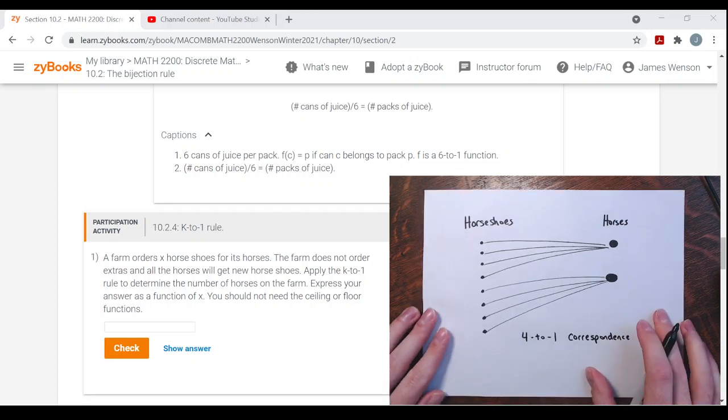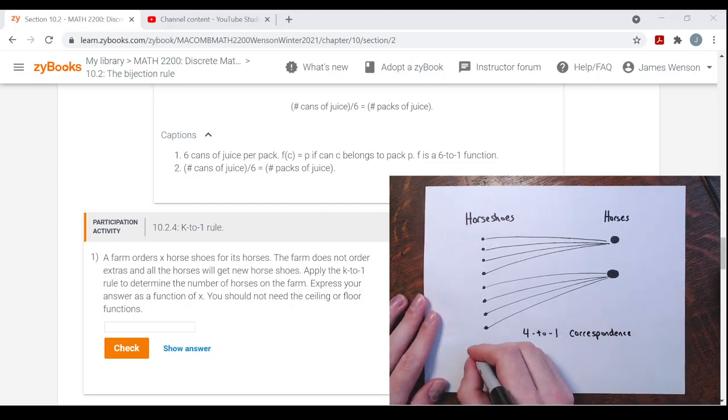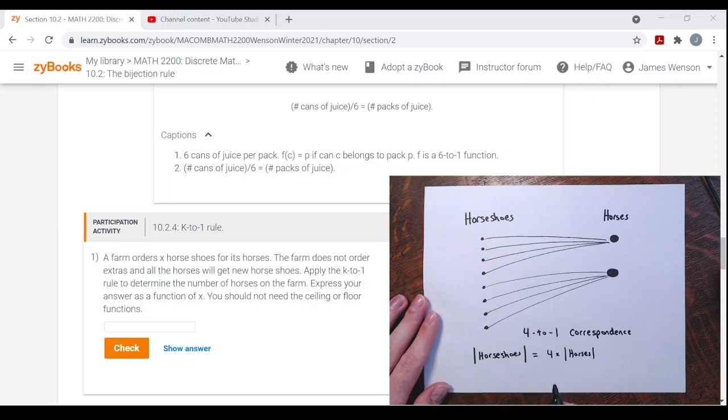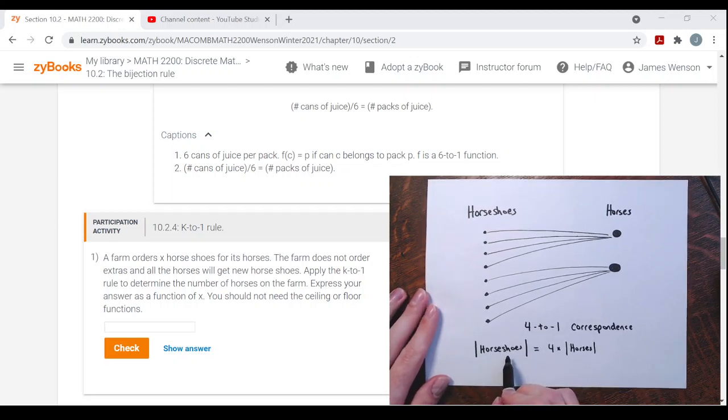And if that's the case, the number of horseshoes, the size of the horseshoe set, should be 4 times the number of horses. Now, the number of horseshoes they said they ordered was X. So X equals 4 times the cardinality of H, for horses.